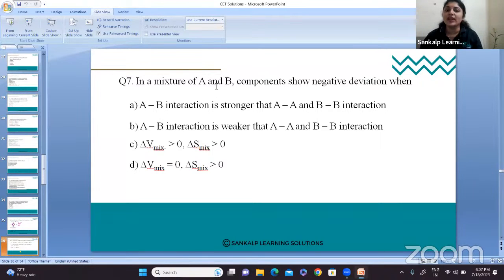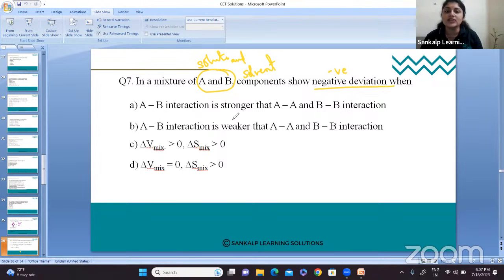In a mixture of A and B, components show negative deviation when? Can you answer this? What is a mixture of A and B? Mixture means it consists of a solute and a solvent. So A and B are nothing but your solute and solvent. When does it show a negative deviation?